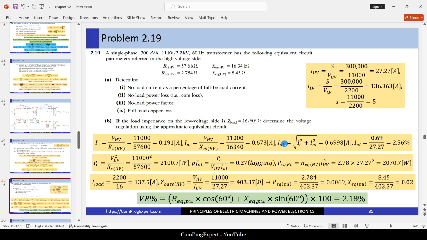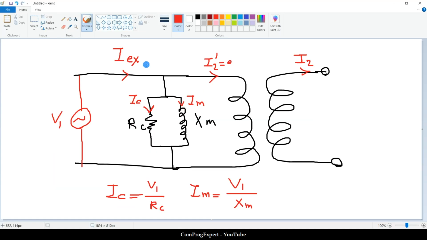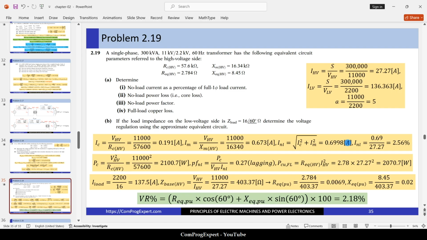What is the value of the no load current or the excitation current? Here I wrote it in the PowerPoint as I no load. That is, the excitation current is equal to 0.699, close to 0.7. And how can we calculate it as a percentage?